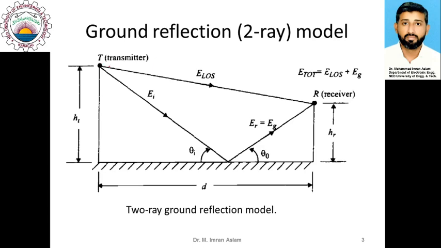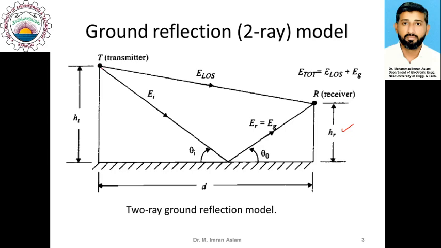You can see we have a transmitter. Typically we know that in a mobile environment the base station antennas are placed on a relatively large tower, so transmitter height is relatively high and receiver height is about human height. So the receiver antenna is at a relatively low height.